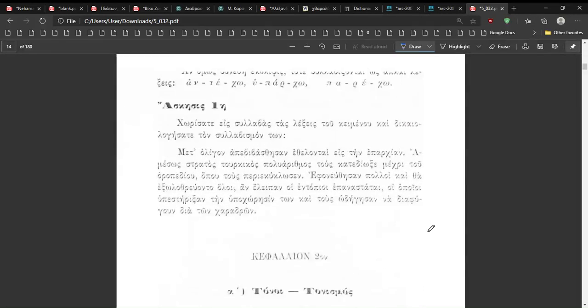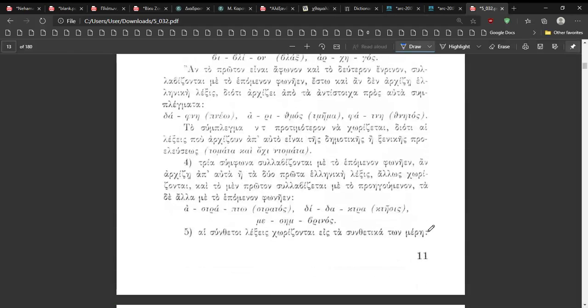And yeah, here you have something interesting. Let me go back to this because it's quite interesting. So it tells people to say tomata and not domata.